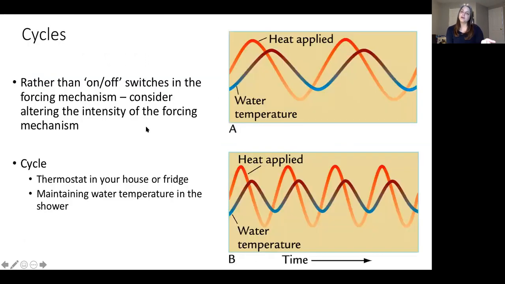The other thing, which we don't see in that first diagram, is that rather than having a quick on, quick off switch with respect to climate forcing, it might be something that cycles. In this example, heat is getting applied and the water temperature is slowly responding, and then the heat gets turned down, and slowly our water temperature goes back down. That cycle is really common throughout the climate system and the climate forcing mechanisms.